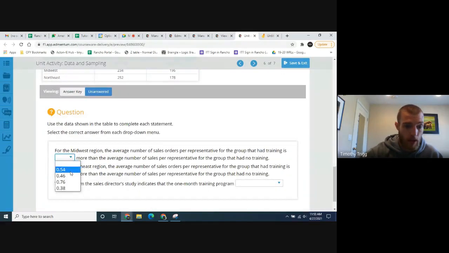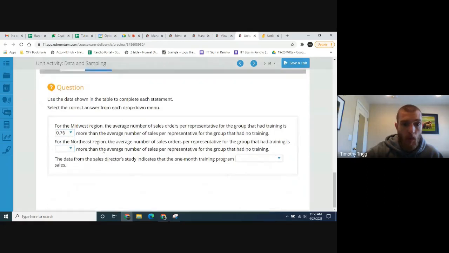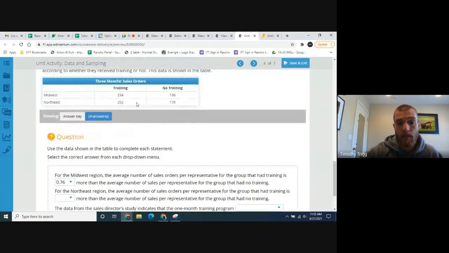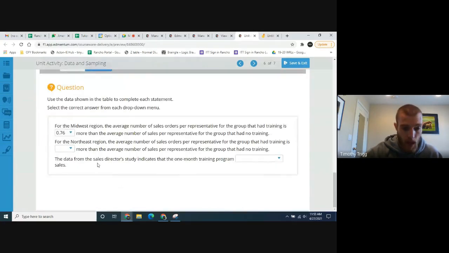That's significant. I want you to do the same for the Northeast: take the 252 divided by 50, take the 178 divided by 50, and then subtract those and figure out what the difference is. As you can see, this was a significant increase, right?